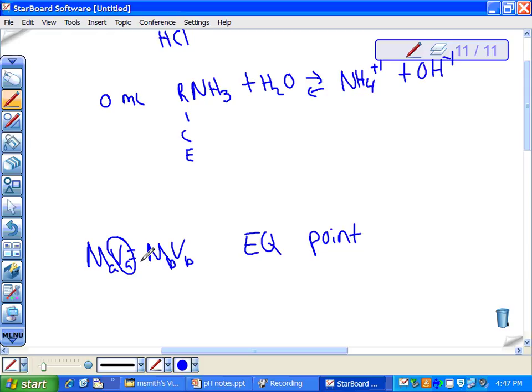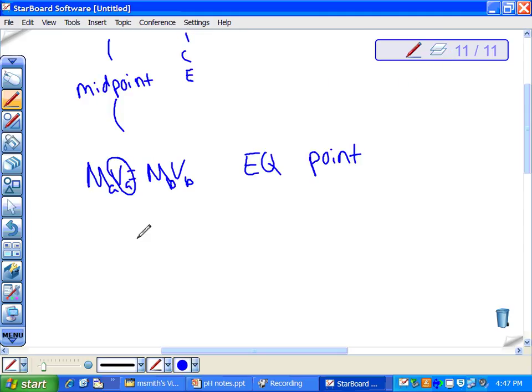Once you know your equivalence point volume, you can half that, and I would like you also to do the midpoint. So whatever your equivalence point is, half it, and that will be the midpoint. Then I would like you to do some random point in between here. So I would suggest a nice even number. Once you know this value, you'll know a point in here and a point in there. And then I would like you to do any point after the equivalence point you can pick.